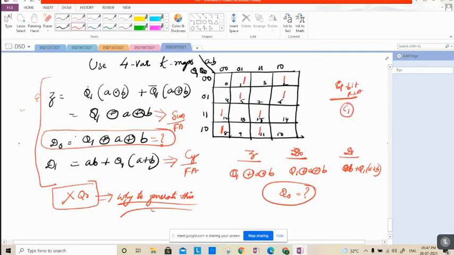The carry must propagate. If C1 is not generated, will it affect the ripple carry adder? Yes, sir, it affects the ripple carry adder. Now here, if Q0 is not generated, will my outputs Z, D0, D1 get affected or not? No, they will not get affected, right?